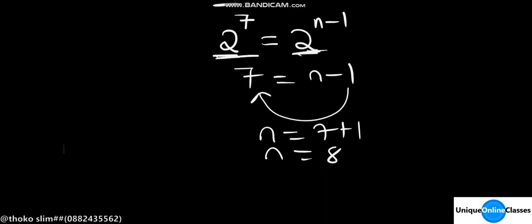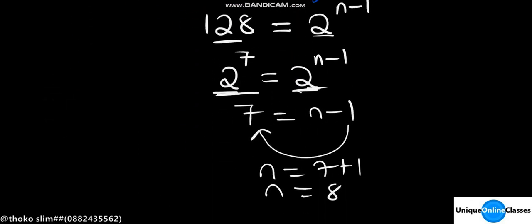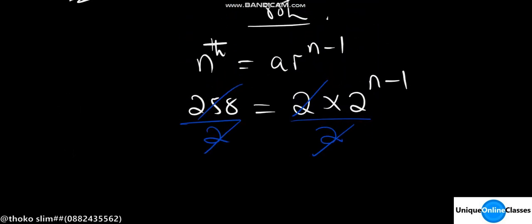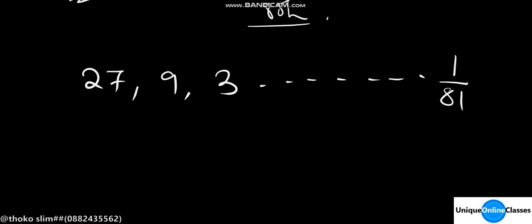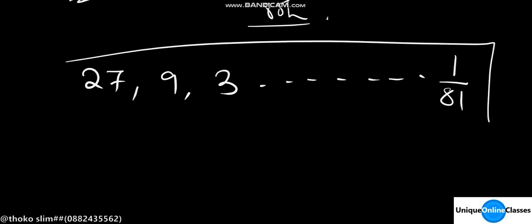So we can also apply the same thing to this sequence: 27, 9, 3, up to the last term, which is 1/81. We want to find the number of terms in this sequence.